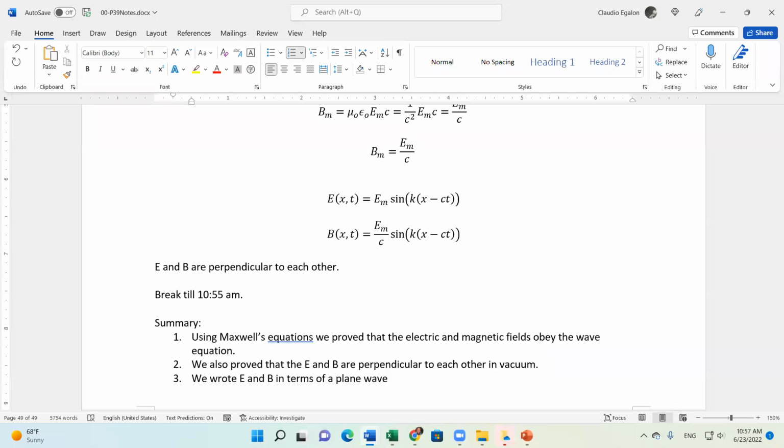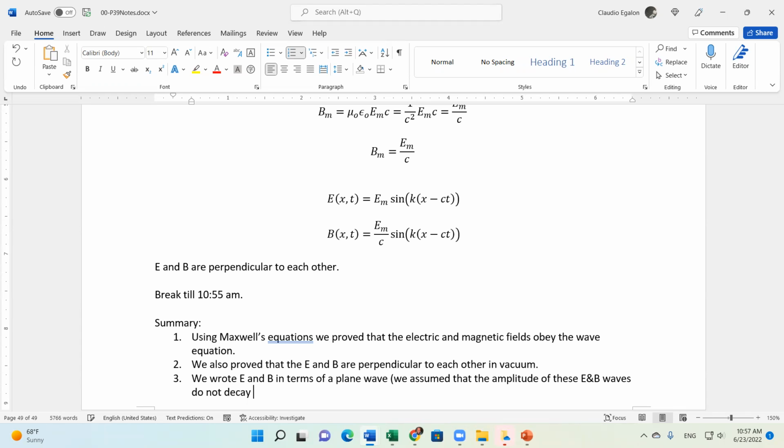Here we assumed that the amplitude of these E and B waves do not decay.